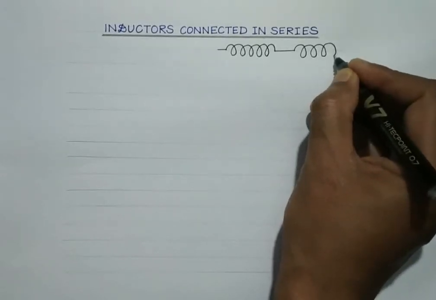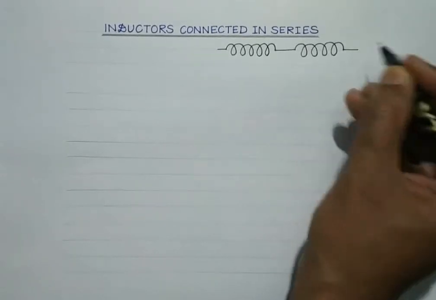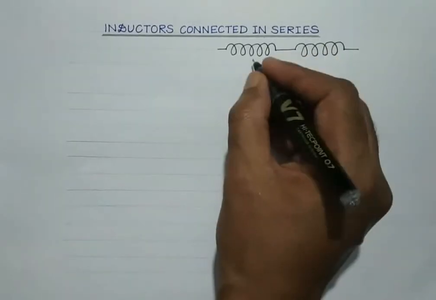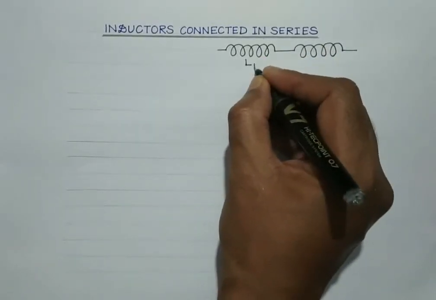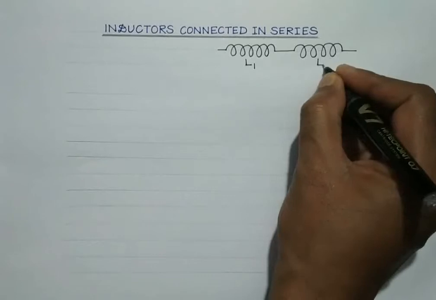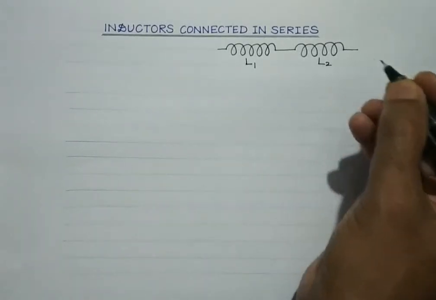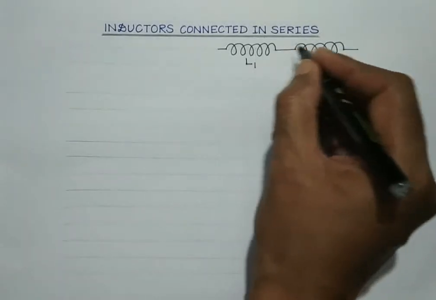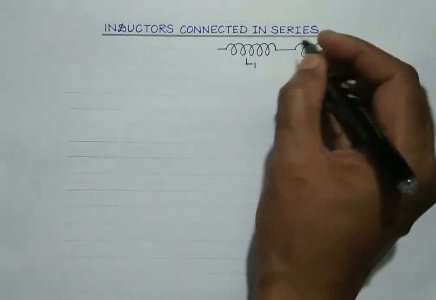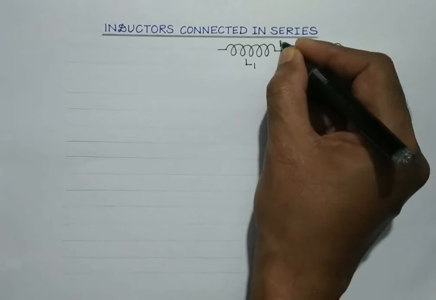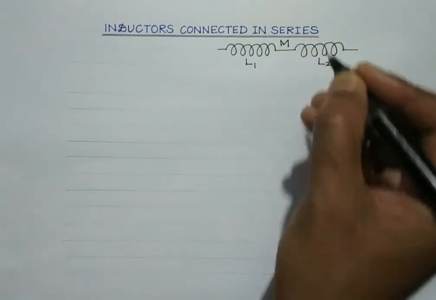This is a series grouping of two coils, right? This is coil 1, this is coil 2. Suppose its inductance is L1 and the inductance of the other coil is L2. And also let us consider the mutual inductance of these two coils is M. So M stands for the mutual inductance, right?